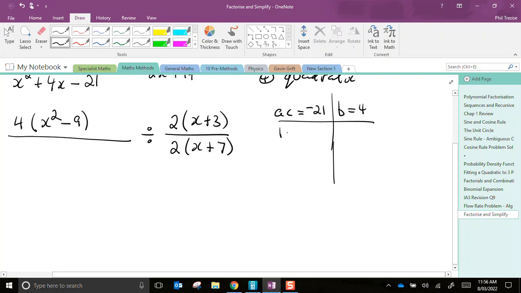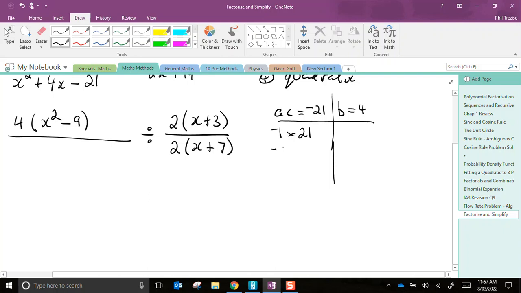I could think 1 times 21. Now looking at this, we need numbers that multiply to be a negative number. I know that of the two factors, one would have to be negative, one would be positive. I also want them to add to be a positive value, so I'll make the smaller one a negative number and the larger one positive. Now they do not add to equal 4, so let's keep looking. I could have negative 2. Actually, that doesn't work, 2 does not divide into 21. What am I thinking?